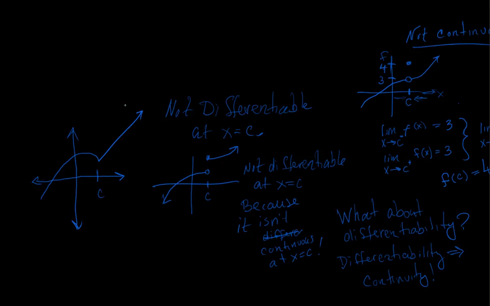Maybe we can call this the graph of g of x. g of x is continuous at x equals c.